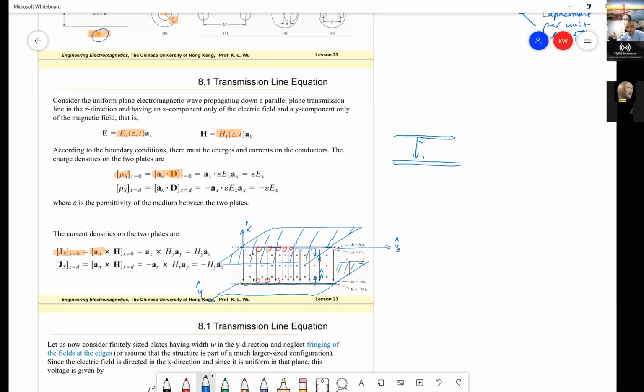If the magnetic field is in the Y direction, then looking at the lower plane, N cross Y is basically X cross Y, which gives the direction in which the wave is propagating.